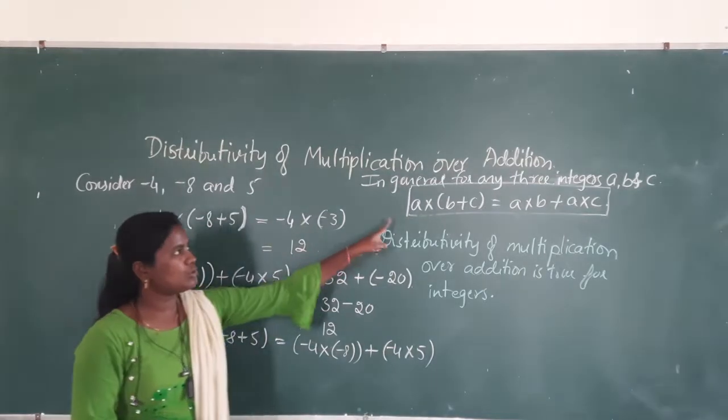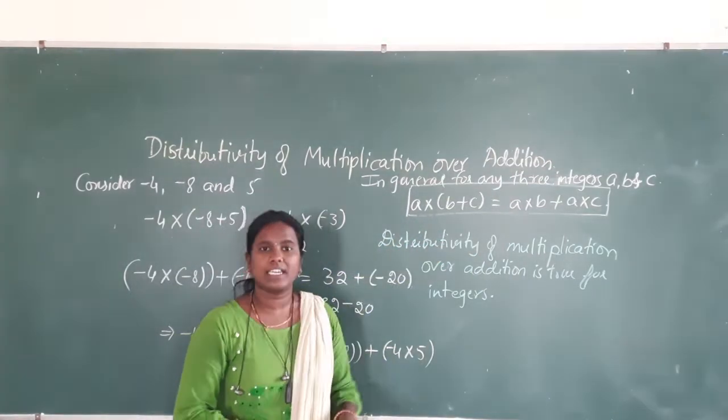That is A into B plus C equals A into B plus A into C.